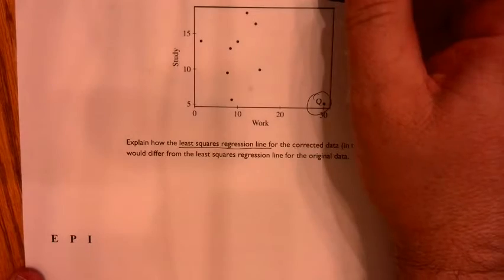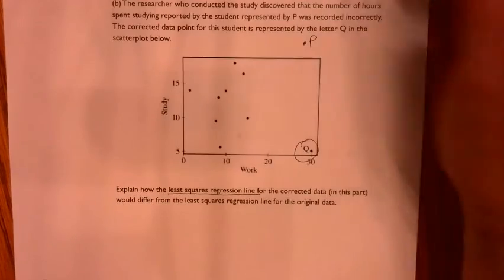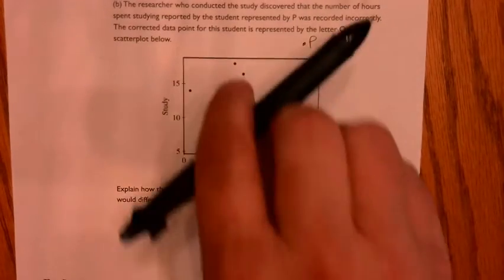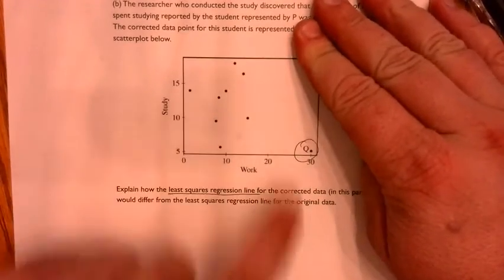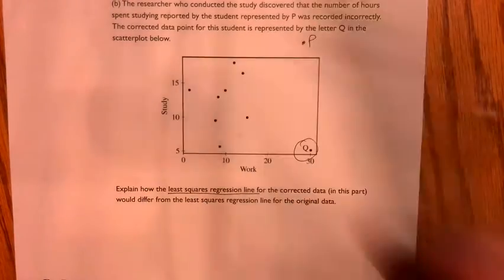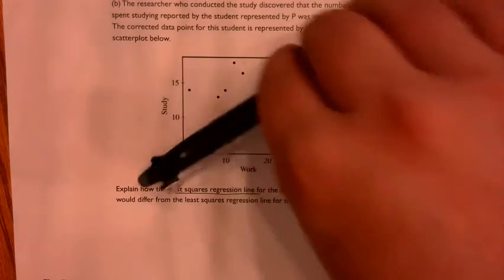Well, think about it. The point P was up here, right? And it was described as that. But look at this. See the pattern? Wow, what would change? My slope. Would it become negative?